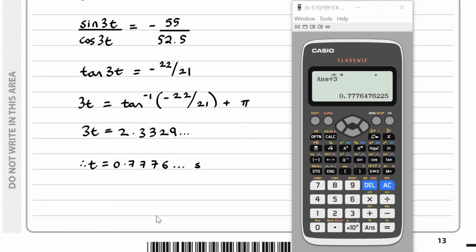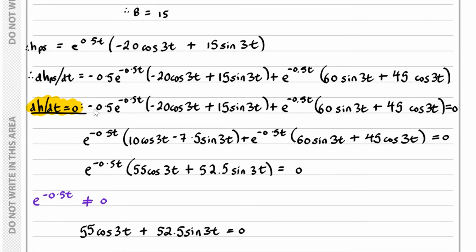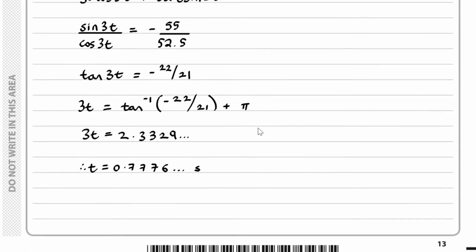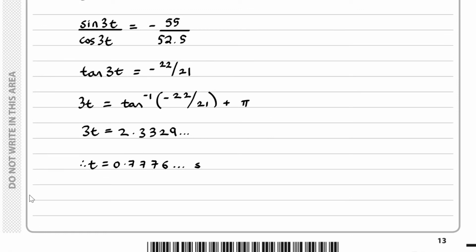Now we wish to find the maximum displacement, so we have to substitute this value of t back into our h. So when t is equal to 0.77, etc.